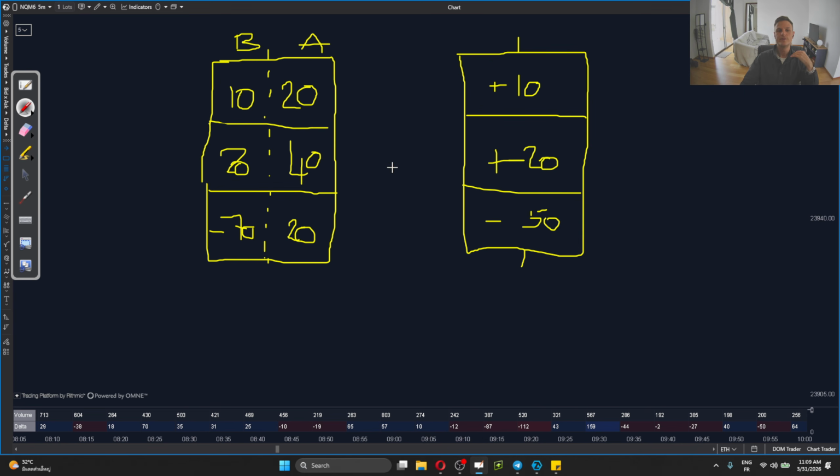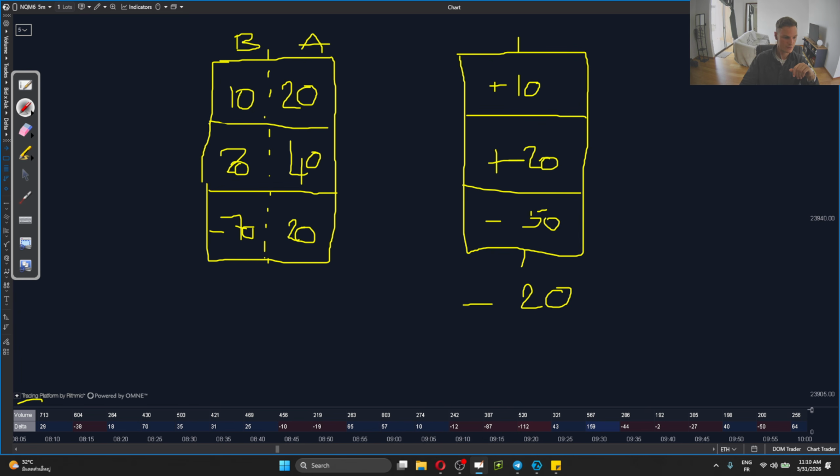So now that you have the delta for each of these clusters, how would you know the delta for that full candle? Is this candle a positive delta or a negative delta as a whole? It's very easy. You're going to add the buyers, 10 plus 20, that's 30, and you're going to subtract the sellers, minus 50. 30 minus 50, in this candle, you have minus 20 negative delta.